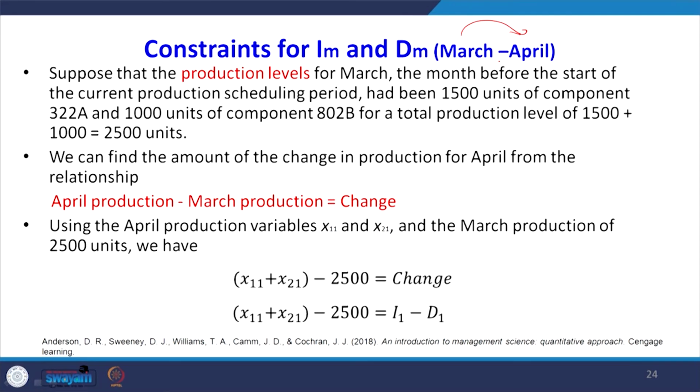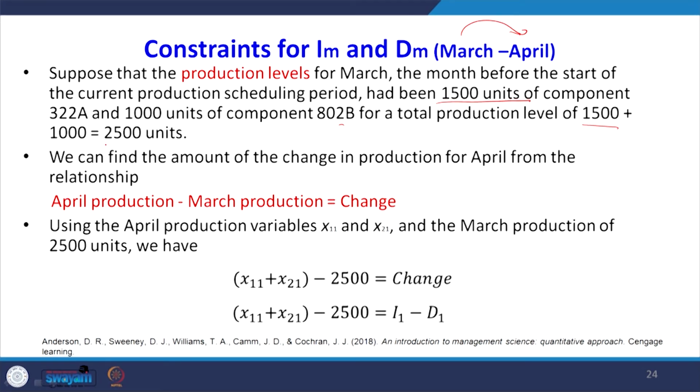Suppose that the production level for March, a month before the start of the current production scheduling period, had been 1500 units of component A and 1000 units of component B. So, the total production level is 2500 units, 1500 plus 1000.